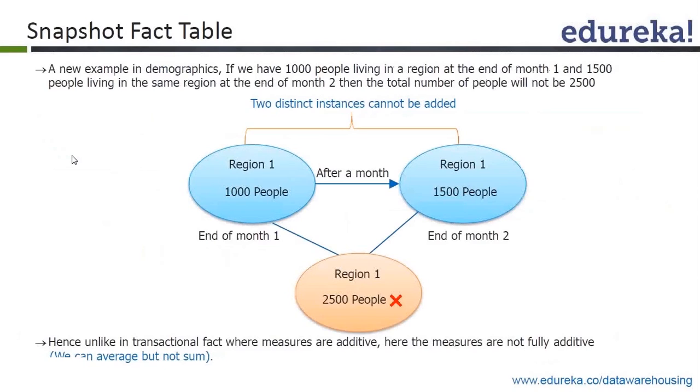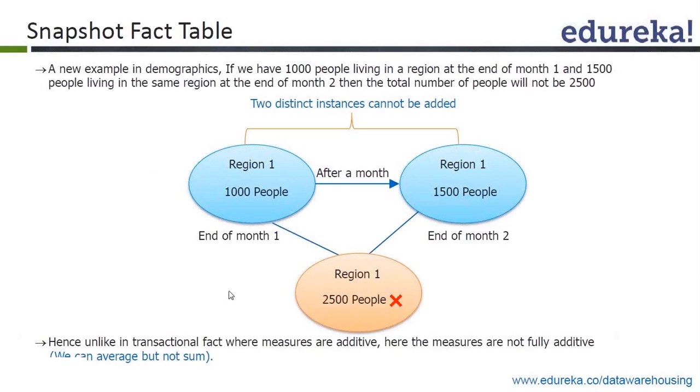So you cannot add region 1's end of month number of people at end of month 1 and 2 together to get the total number of people in region 1. That is totally wrong. The people in region 1 now is 1,500 and not 2,500, which comes by adding these two.